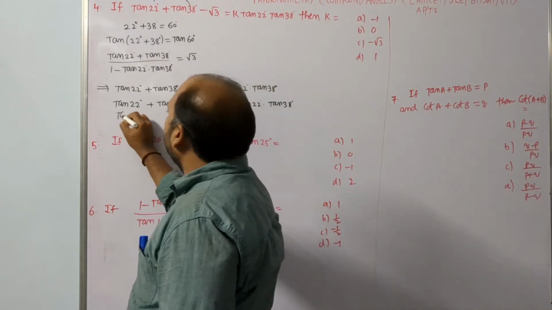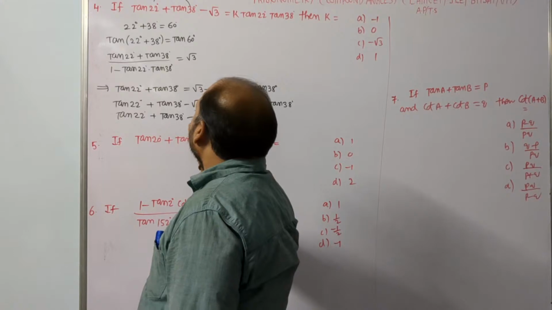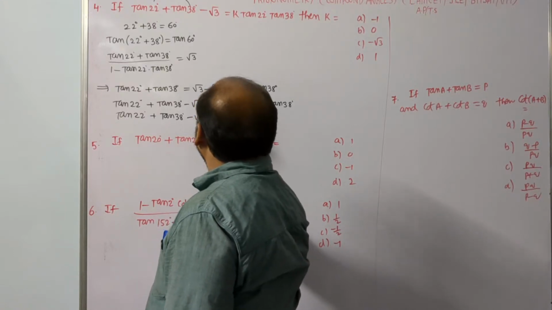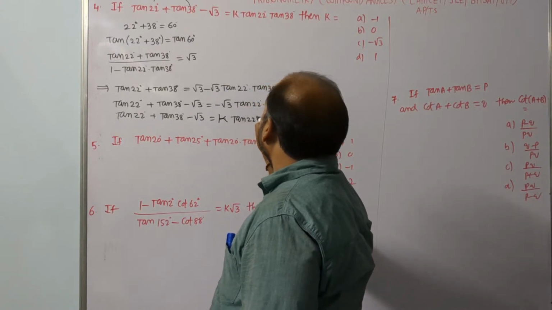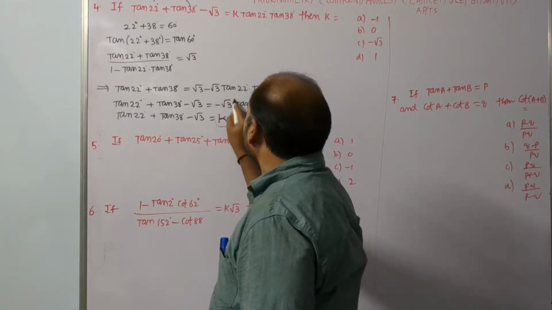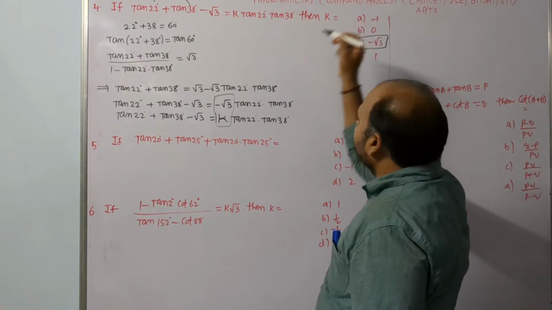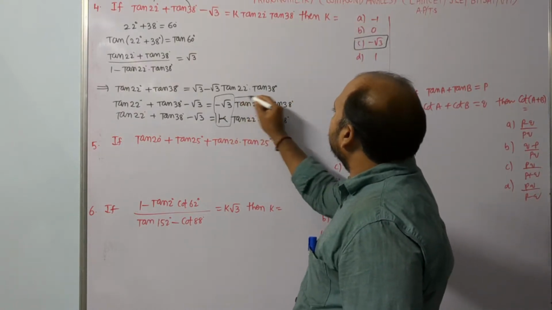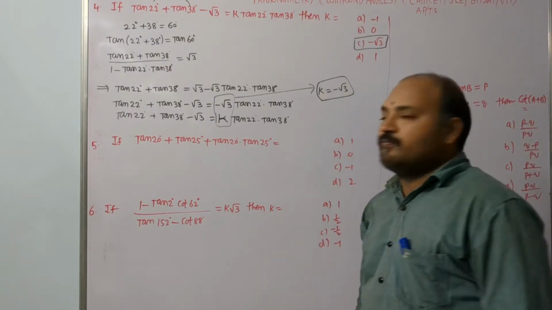You have to compare this with tan 22 degrees plus tan 38 degrees minus root 3 is equal to k into tan 22 degrees into tan 38 degrees. Comparing these two, dear students, the k value is equal to minus root 3.